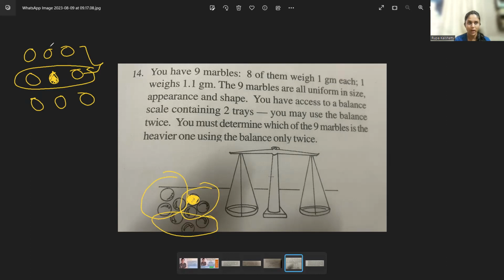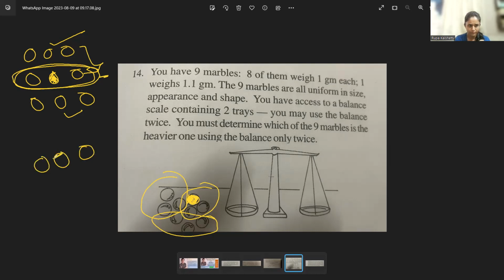Or if you weigh the top and the bottom one, you know that they both are equal, so the third one, the middle one, which is left over, has the heavy marble. So from either method you use, you'll get to know which group has the heavy marble. So let's take that group now.